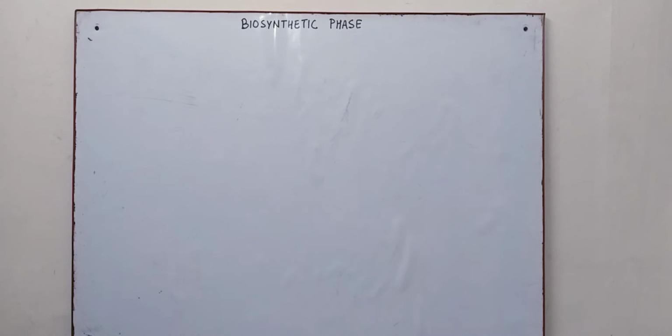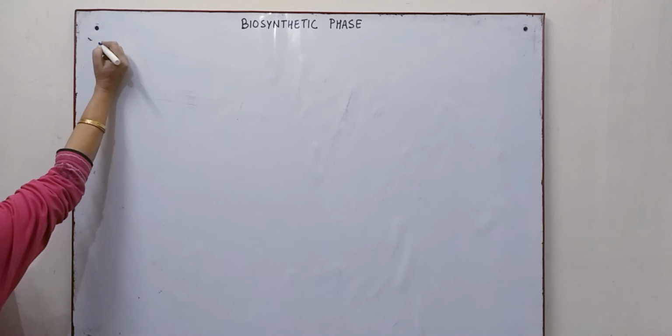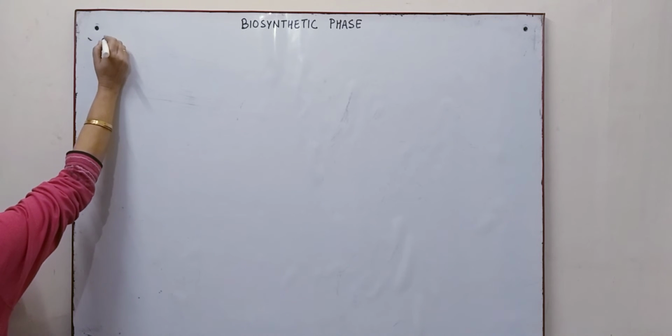In this video, we'll be talking about the biosynthetic phase. We have studied so far that the light reaction, which takes place in the presence of light, has a few products as its outcome.